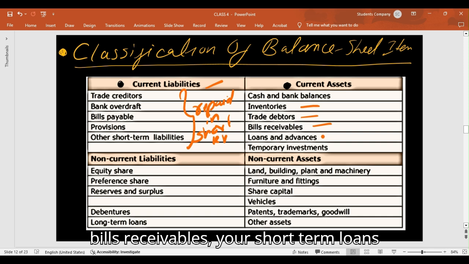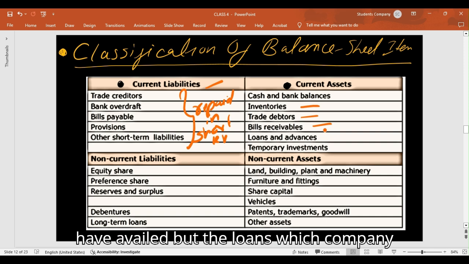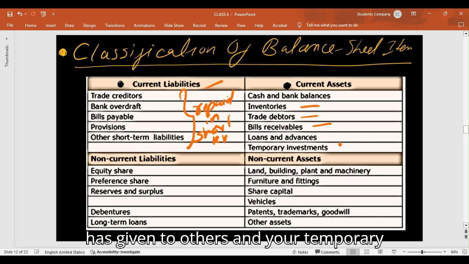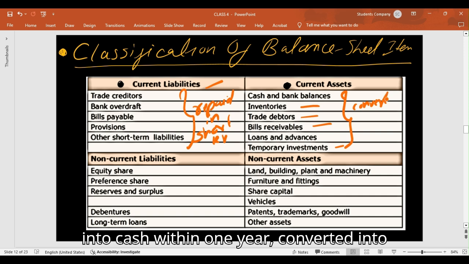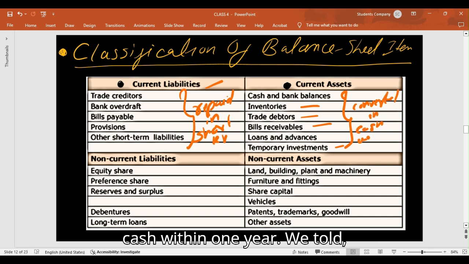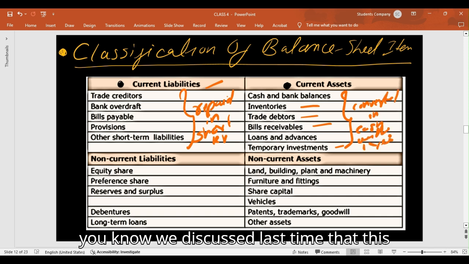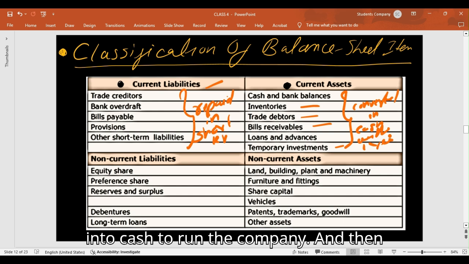Then bills receivable, your short-term loans which you have given, not the ones you have availed, but the loans which the company has given to others, and your temporary investments. These are to be converted into cash within 1 year. We discussed last time that this is basically the heart of the company. You have to keep this pumping and convert it into cash to run the company.